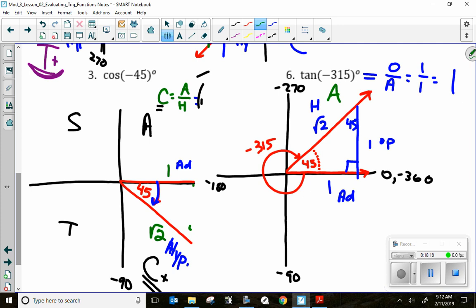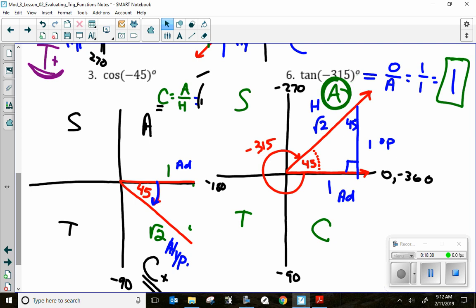All Students Take Calculus. All trig functions are positive here. So that's a positive 1. All right? Not so bad. You just need to do them to get comfortable with them, all right? You just need to get used to them. And they're actually not that bad at all.